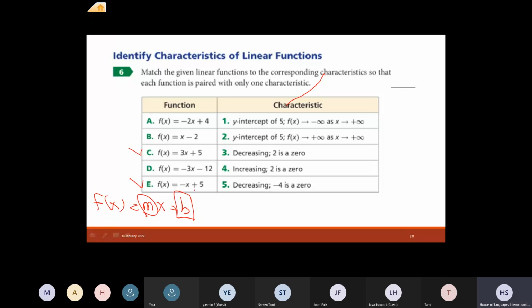Since they are opposite, that means they are decreasing. Since they are decreasing, will the slope be negative or positive? Negative. So I will choose the negative one. Is it clear? Yes. So 1 with E.